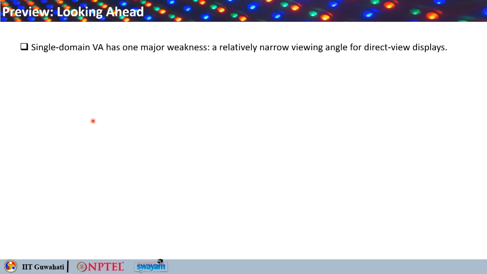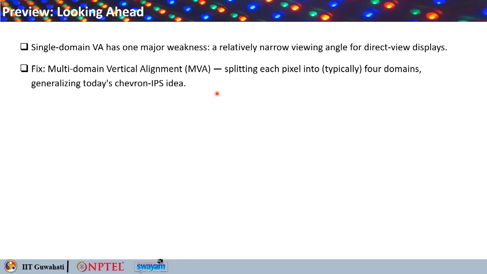So what are the important things that remain? Single domain vertical alignment has one major weakness, that is a relatively narrow viewing angle for direct view application. How can you fix it? You can use the multi-domain vertical alignment approach, that is MVA, that allows splitting each pixel into typically 4 domains.